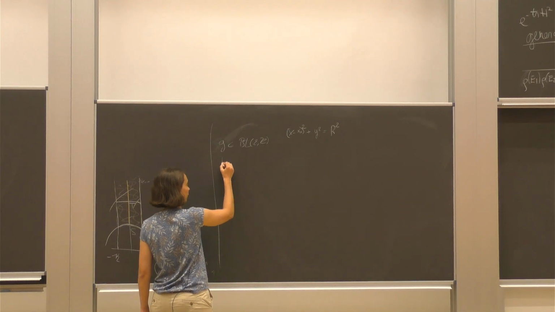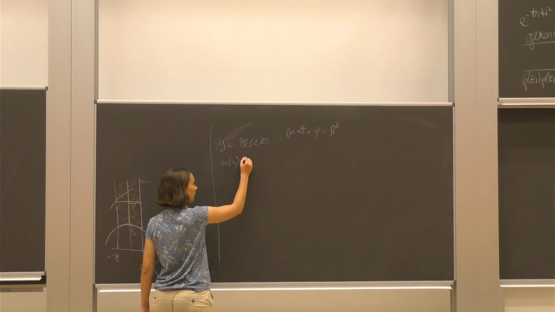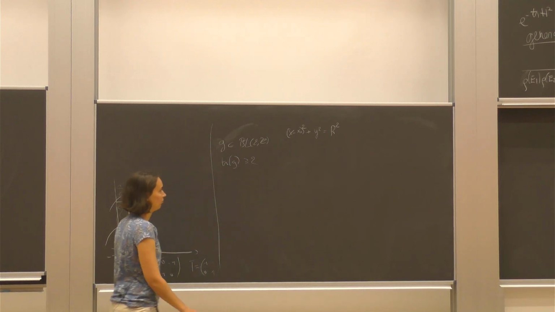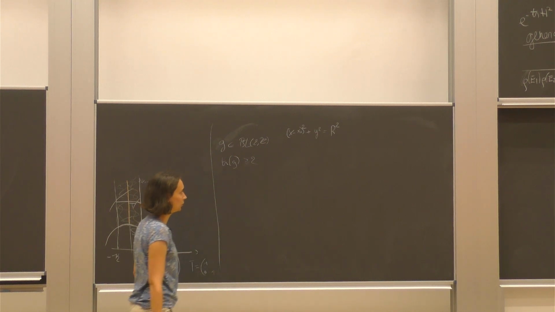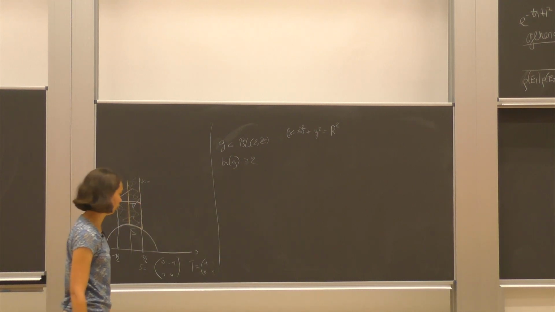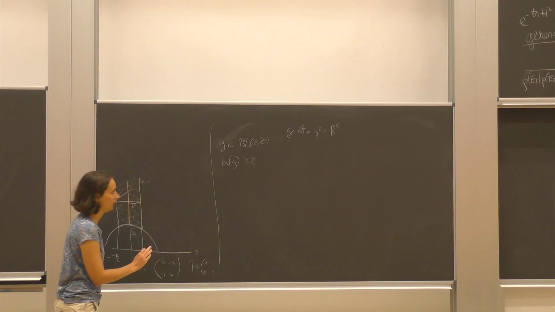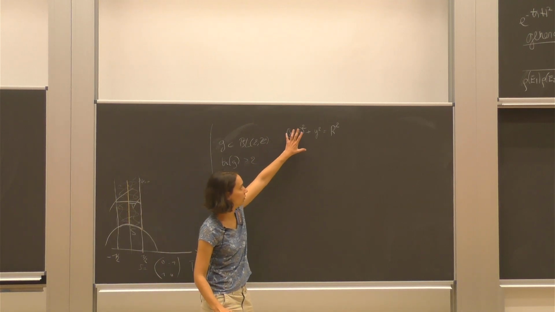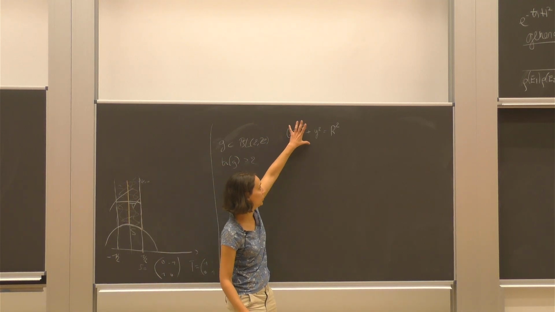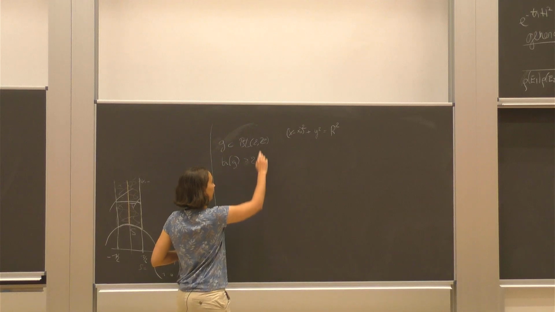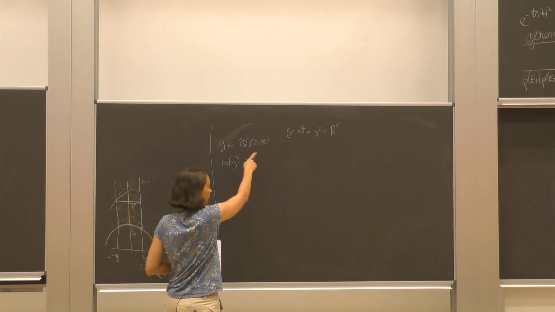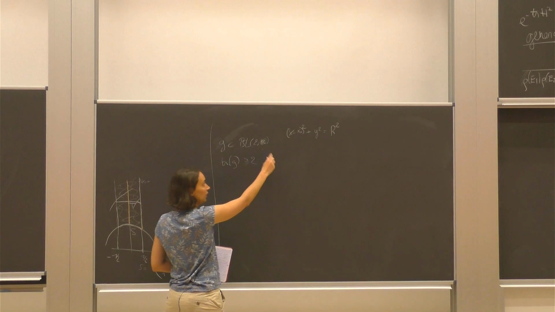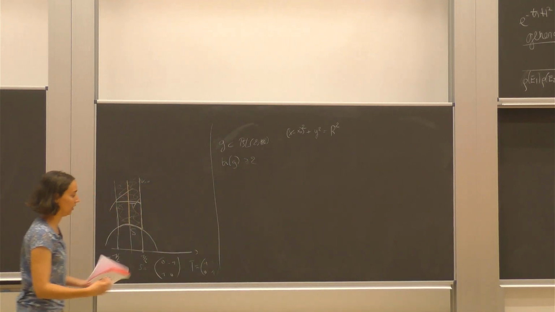For the elements for which the trace is bigger than 2, you can show that for each of these geodesics, you can find a transformation in PSL2R so that this geodesic remains invariant.